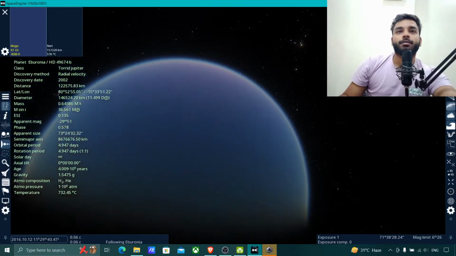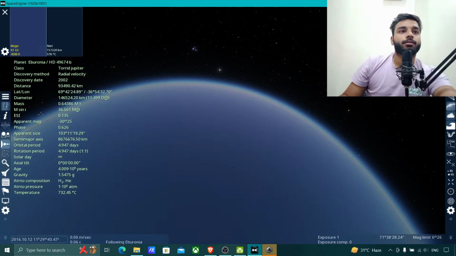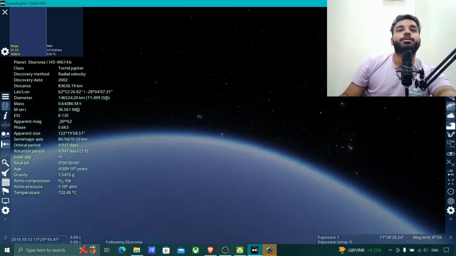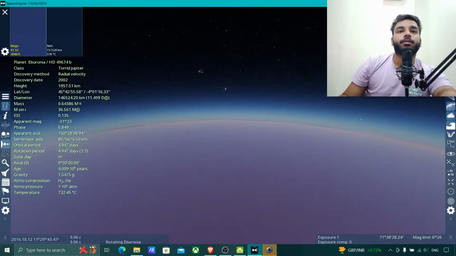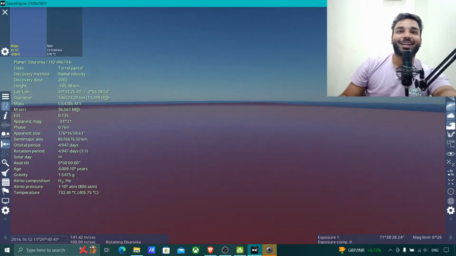Yeah, it looks like Earth. Does it have water by any chance? Diameter, mass, torrid Jupiter. Oh, probably it is also a gaseous giant, or it has a surface. Oh, it is a gaseous giant. You can see the core right from the start. You can see it from standing on the core.